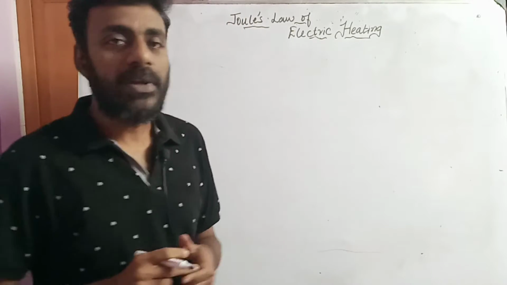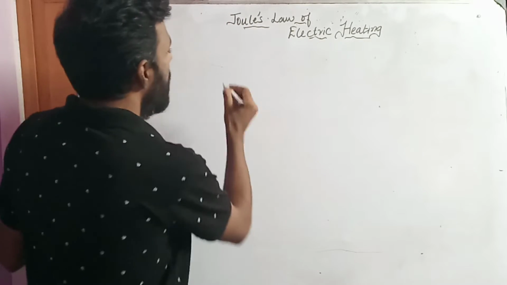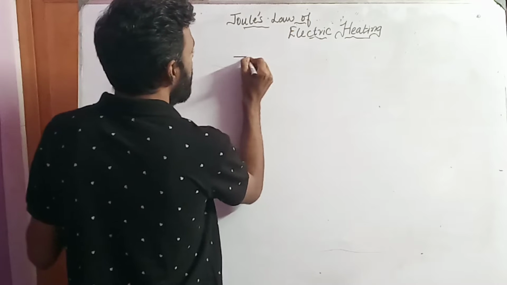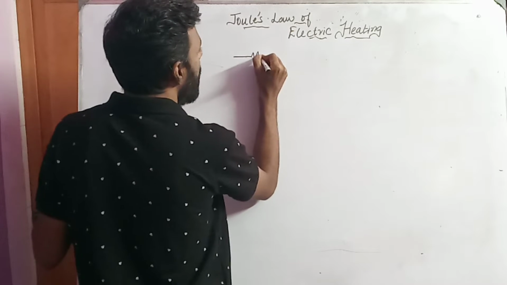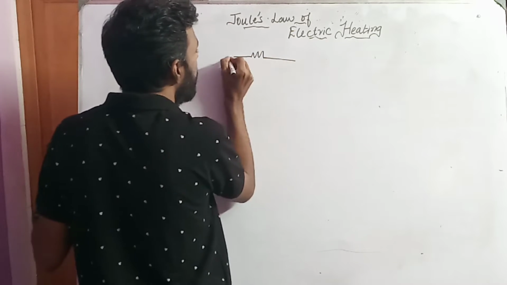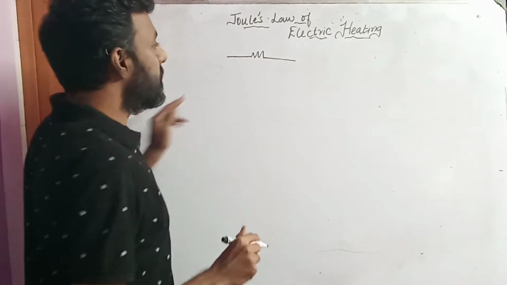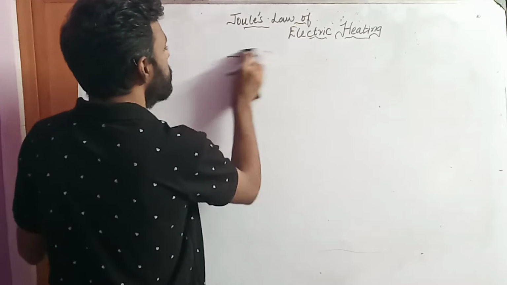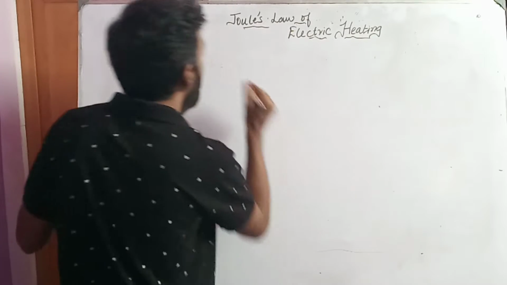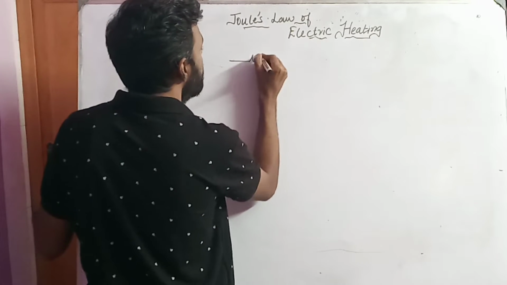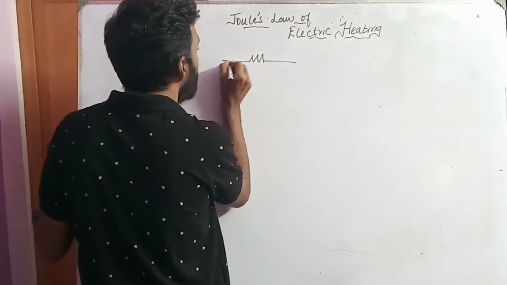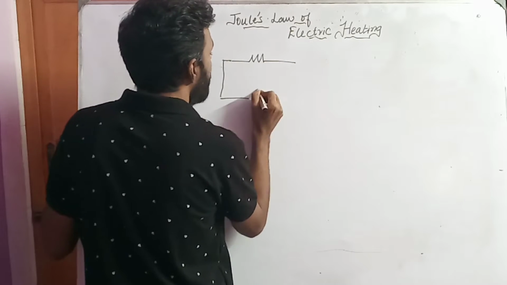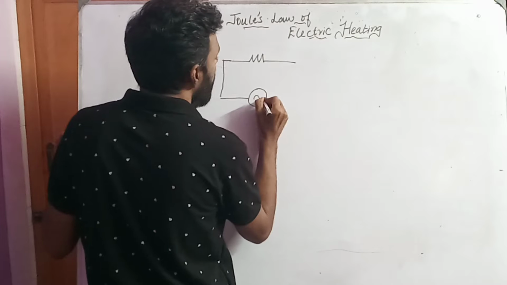For example, let us consider a circuit. In that circuit, a resistor element has been connected. This is a resistive element connected with the AC circuit.